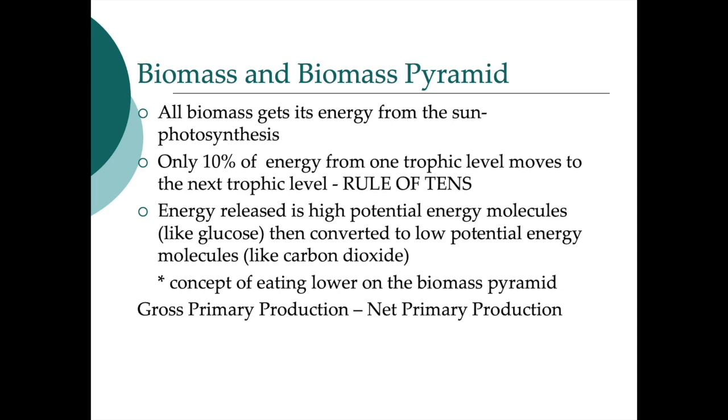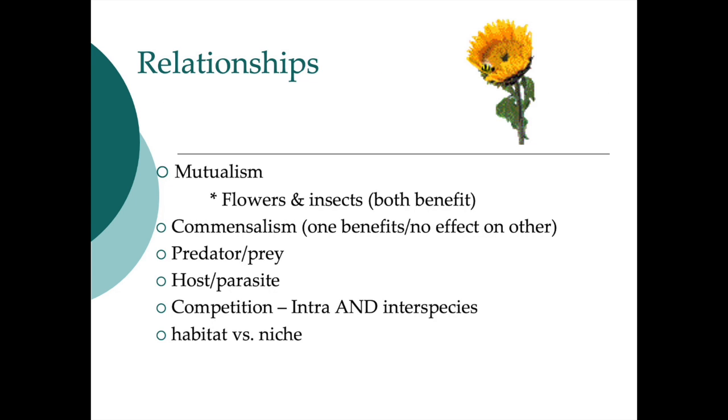Again, gross primary production is all of the energy that is produced by the plants. Net primary production is what is left after the cost of metabolism and all those things that we just talked about. Again, that rule of tens, what is available for the next level on the trophic pyramid.